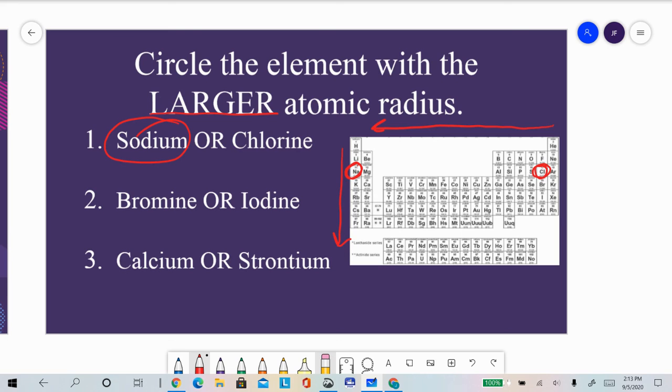Bromine or iodine: bromine is here, iodine is here, and we have smaller up here, bigger down here. So iodine is going to have the larger atomic radius. And then our last example is calcium and strontium, and that's the same pattern, smaller up here, bigger down here. So strontium will have the larger atomic radius.